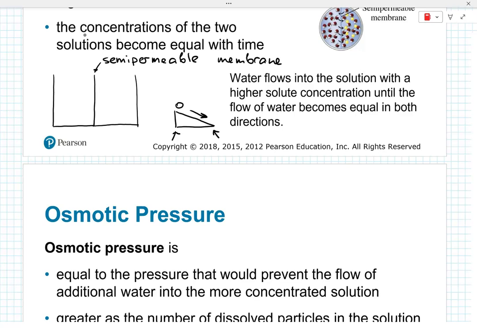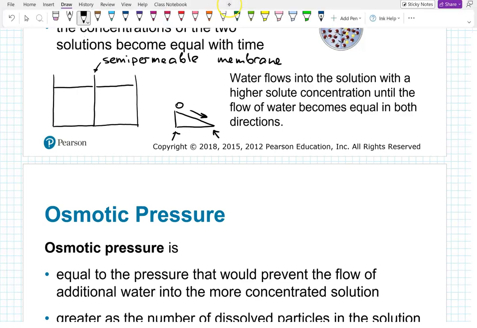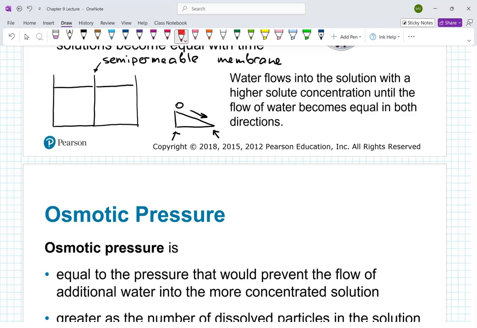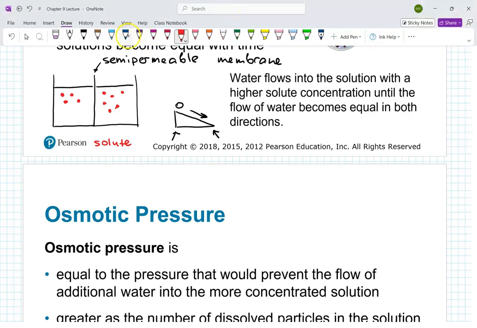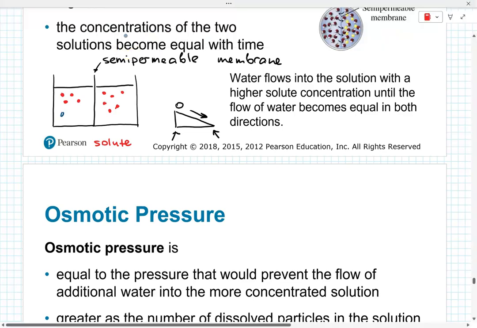Right? So imagine we have two compartments. They're separated by a semi-permeable membrane. And here you have, so red is solute, and blue is solvent.